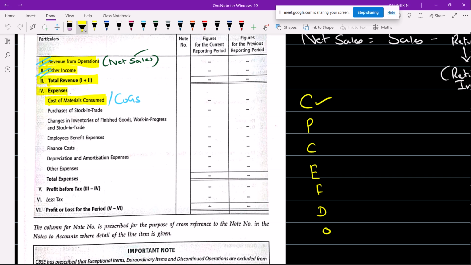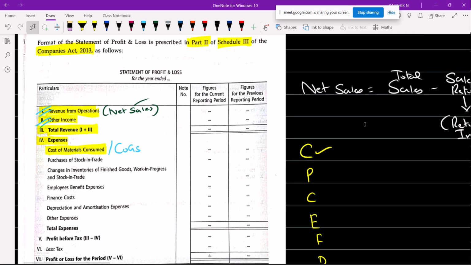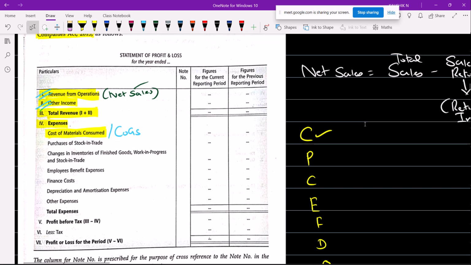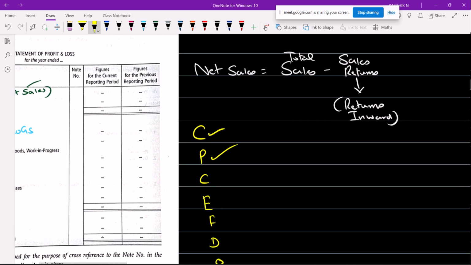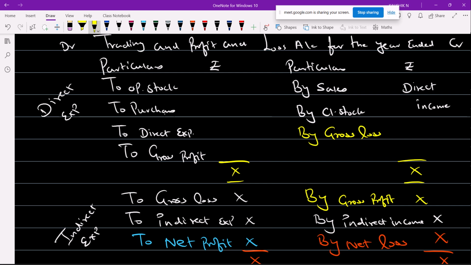The first item. And how do you get the COGS? By using only your trading account items. Opening stock plus purchases plus direct expenses minus closing stock. So that means the involvement of your direct items is more in your COGS, that is cost of materials consumed. The next, if you see the P, what does P stand for? Purchases. If you could see your trading account, there is something called purchases as an item appearing separately.